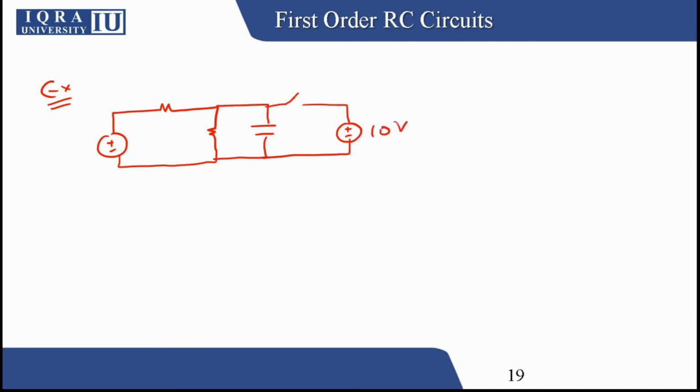This is 10 volts. The switch will move up at t equal to and greater than 0. The capacitor is 0.25 farad. Voltage source is this one. We have 20 ohms. The current is moving I, and a 30 volt supply.